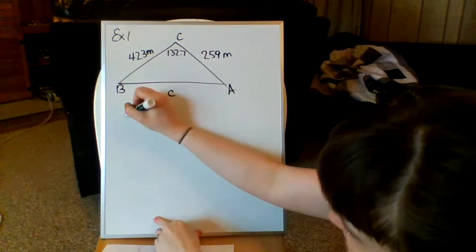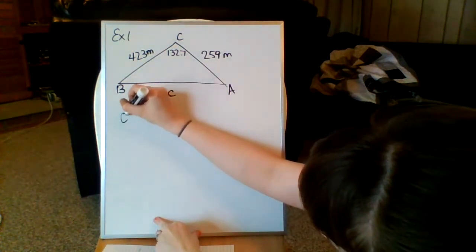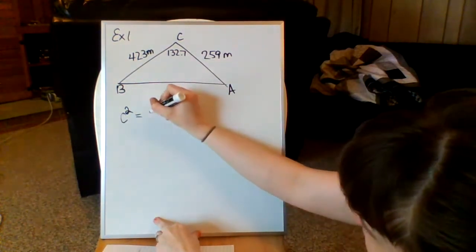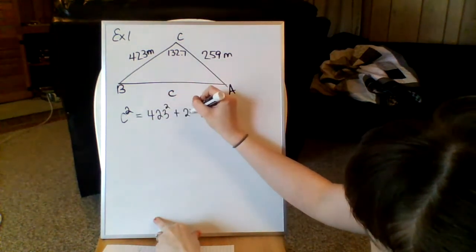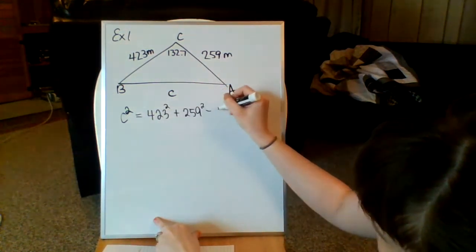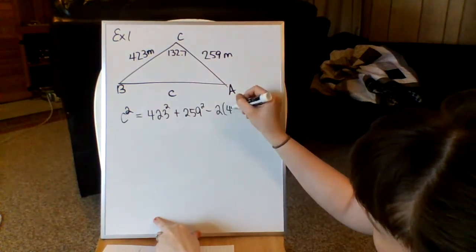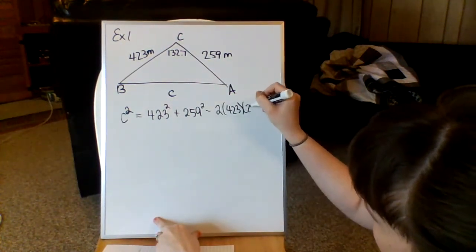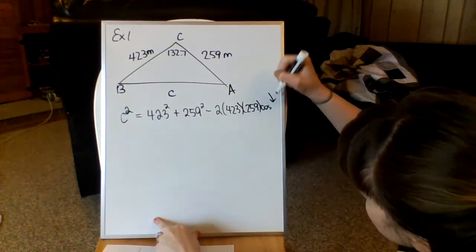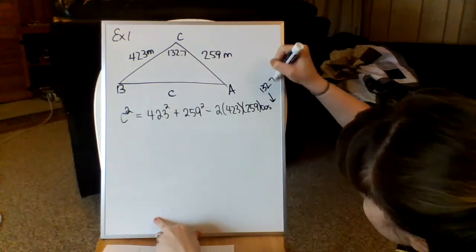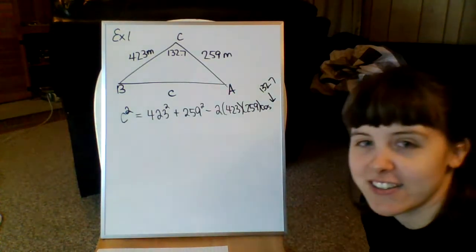Okay, so we're going to have c squared equals 423 squared plus 259 squared minus 2 times 423 times 259, cosine 132.7.